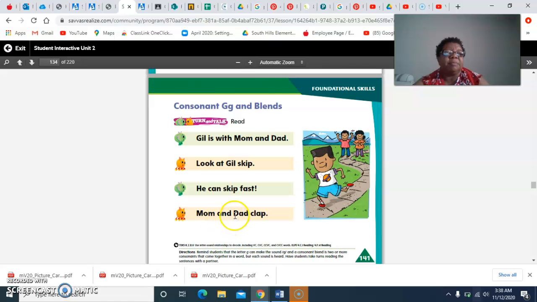Notice there's space in between the words. And some of them are CVC words, so they're simple little words for you to use your sounds to try to sound out each word. So make sure you're reading and practicing.